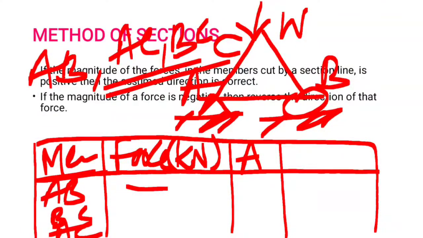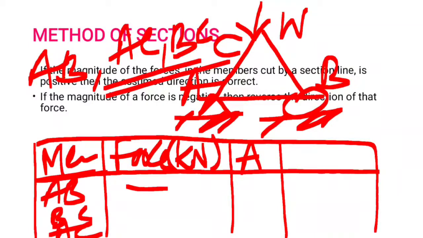We need not calculate any area if it is given in the question itself. For the member AB, 1000 mm square. BC, 1500 mm square. AC, 500 or 750 mm square, if they give areas.